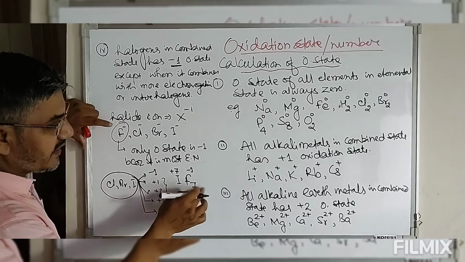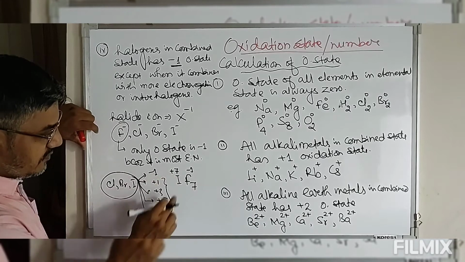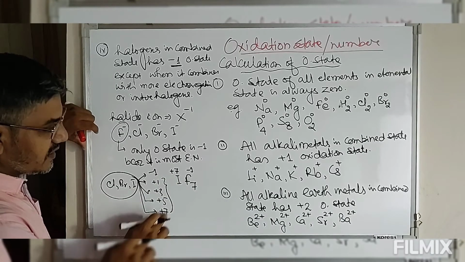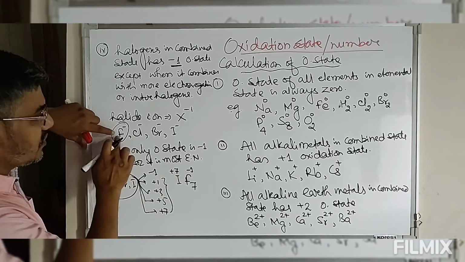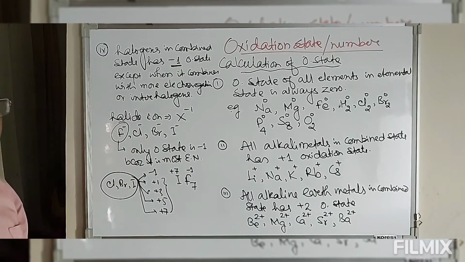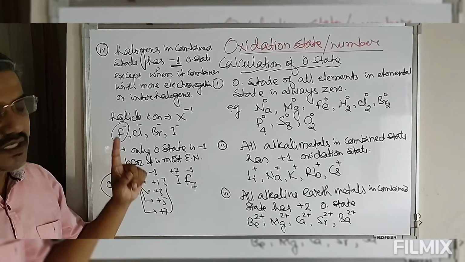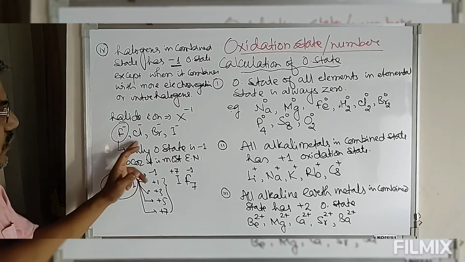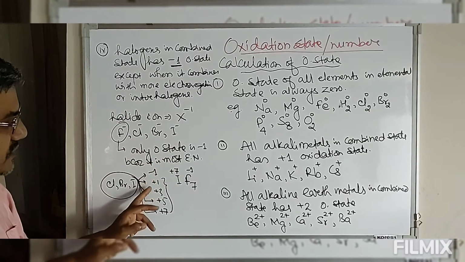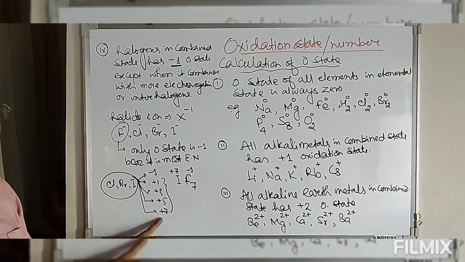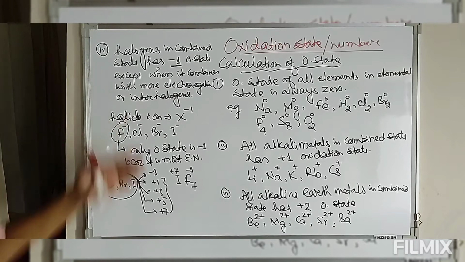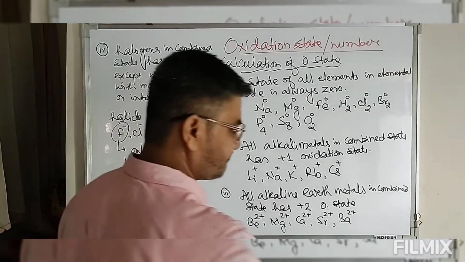So in IF7, iodine is in +7 oxidation state and fluorine is -1, which is the only oxidation state of fluorine. In the case of fluorine, we have only one oxidation state. The rest of the halogens, chlorine, bromine, can have -1, +1, +3, +5, +7 oxidation states. So this is for halogens.